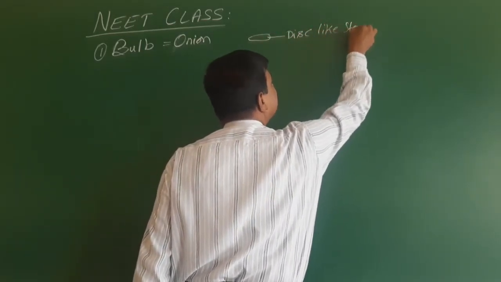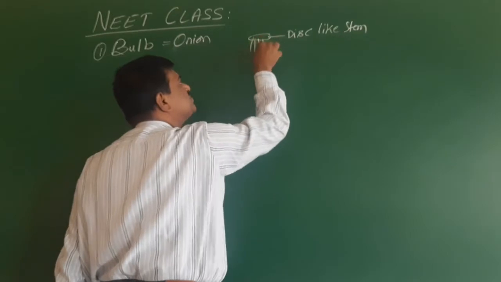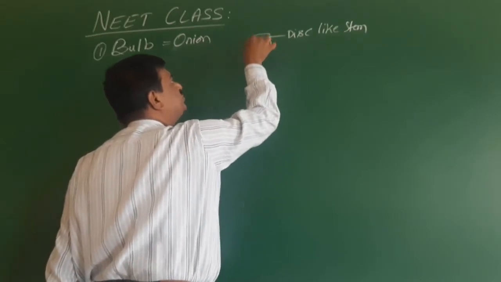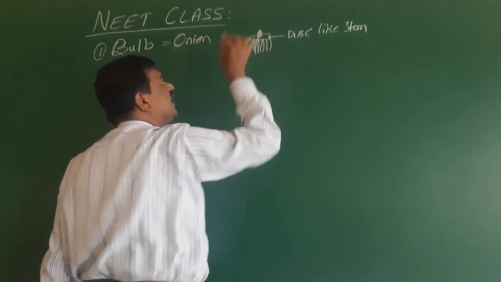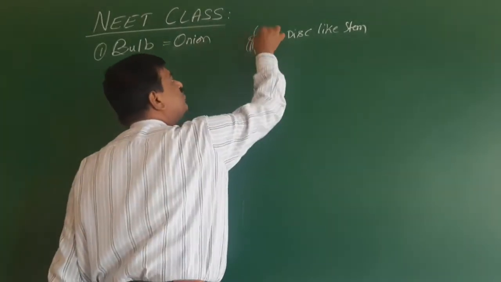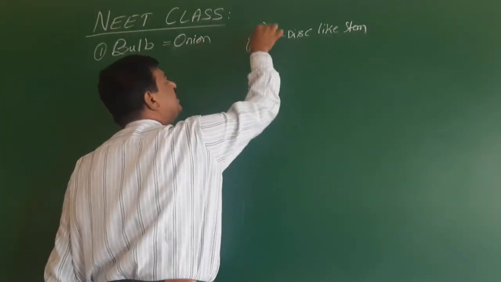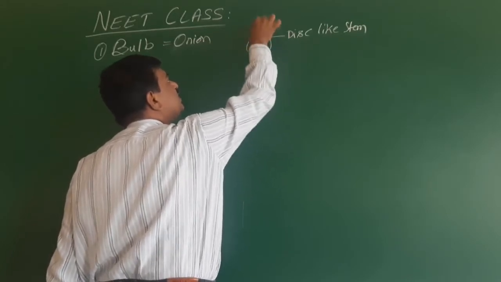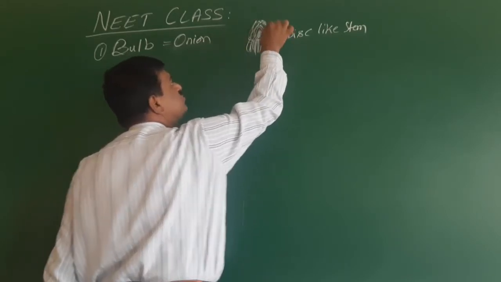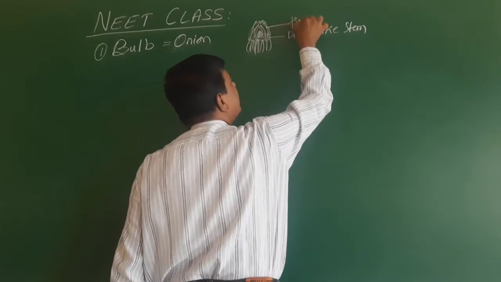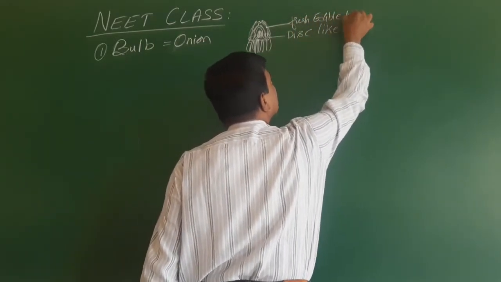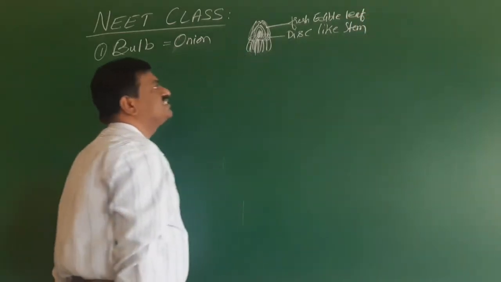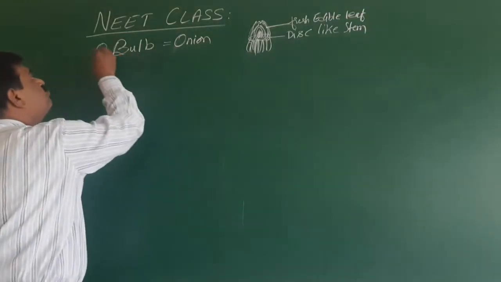The disc-like stem has adventitious roots, and at the center there is an axillary bud, and this is covered by fleshy leaves. This is called the fleshy edible leaf. So here the right answer is bulb.